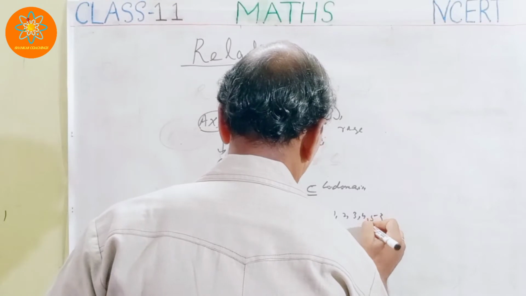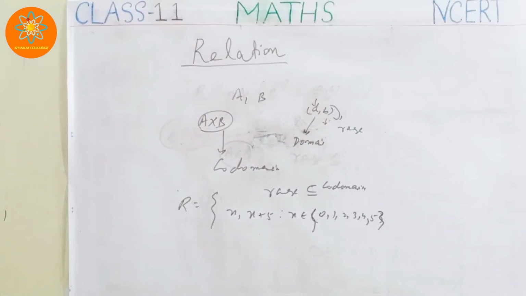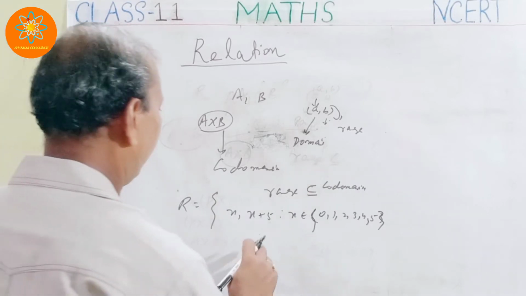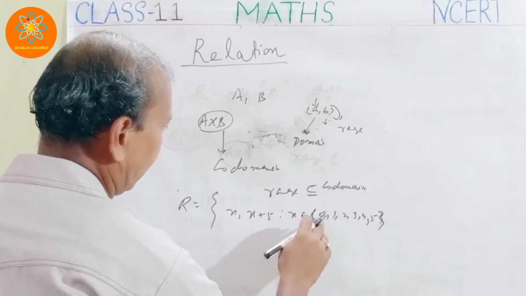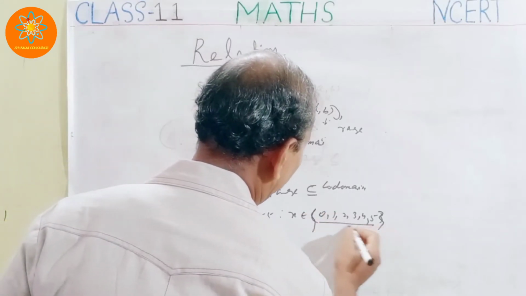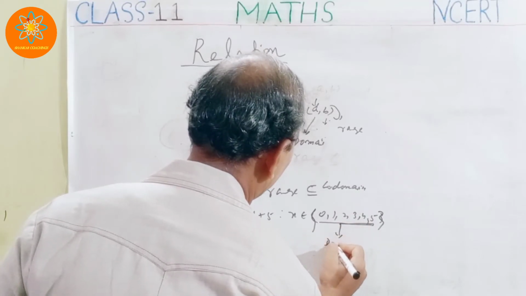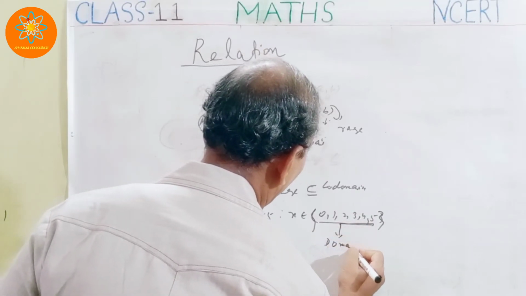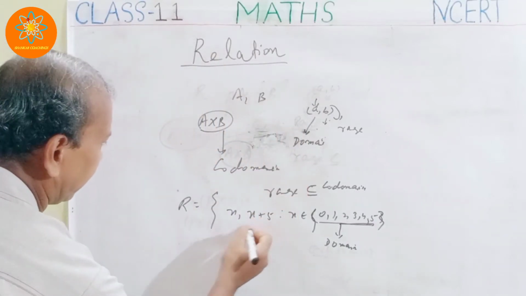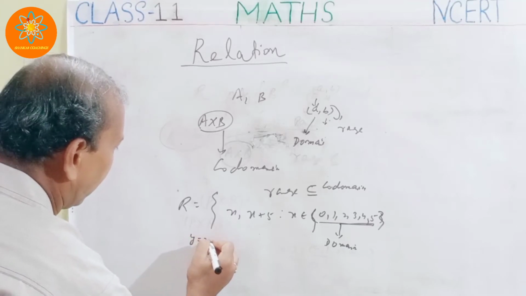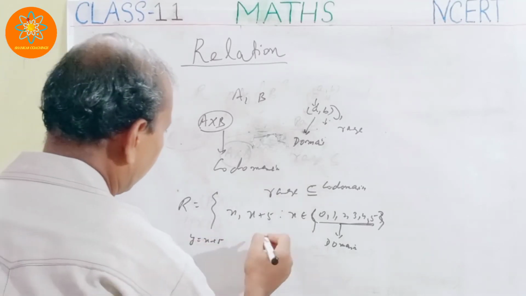And you have to find the domain and the range. How do you find the domain and the range? Mind it, if you put the values here, all these first elements are your domain. And what about the range? Let's suppose I am taking y equal to x plus 5. So if I put in the values, what will I get?